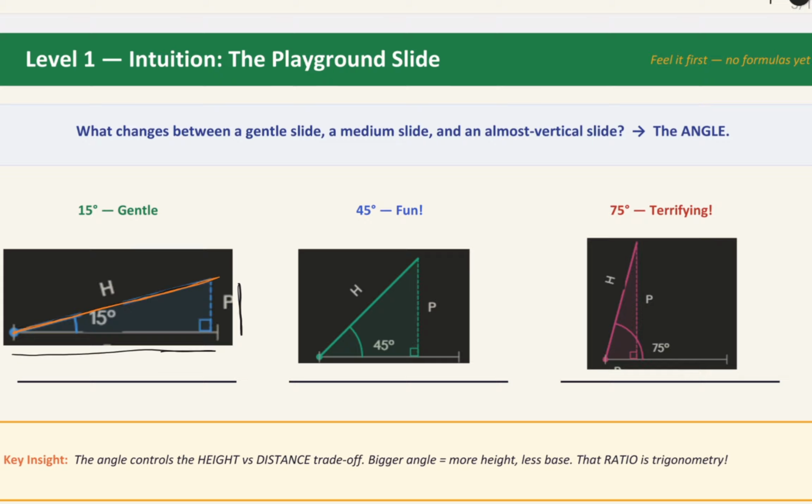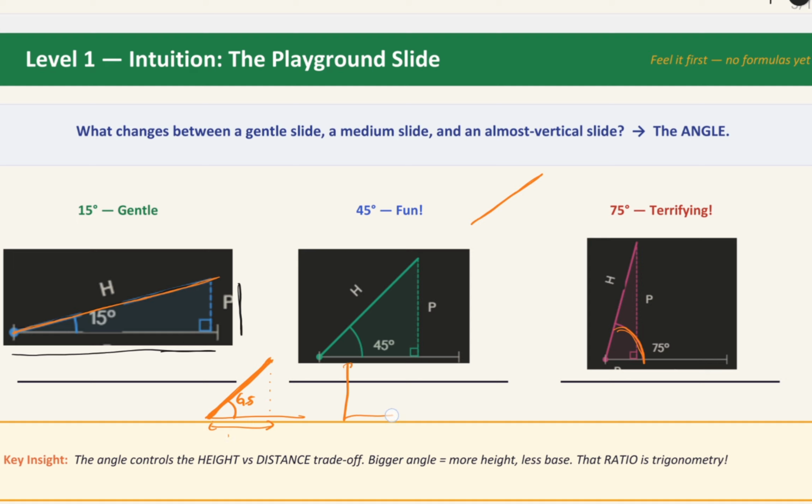So for a slide of fixed length, a bigger angle means more height and less horizontal distance. If I have a bigger angle, say 75 degrees, or suppose 65, I will have a smaller horizontal distance.